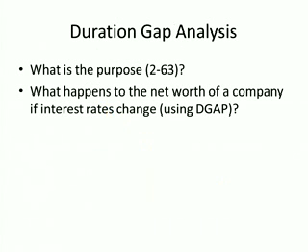And the most important thing about duration gap analysis is its effect on net worth. So if you understand the gap and if there's a change, how does it affect net worth? What are the implications of that gap? What's it going to do to the net worth of this firm? That's the knowledge. There's not much math there.